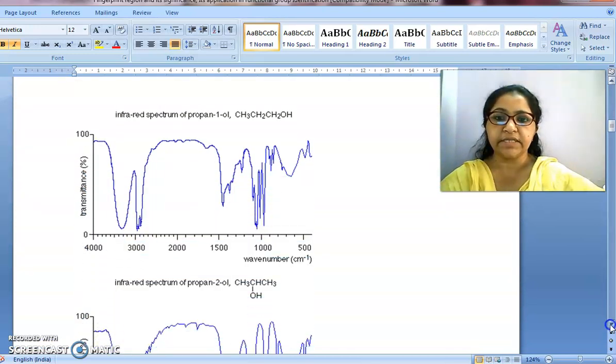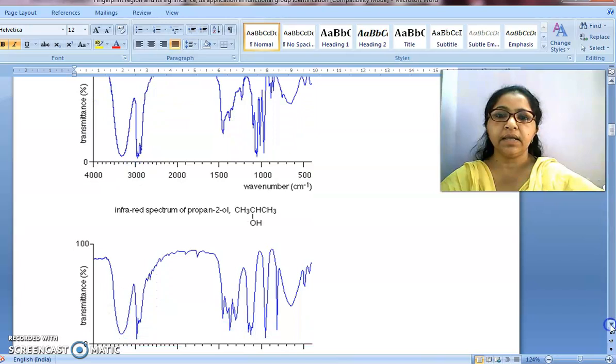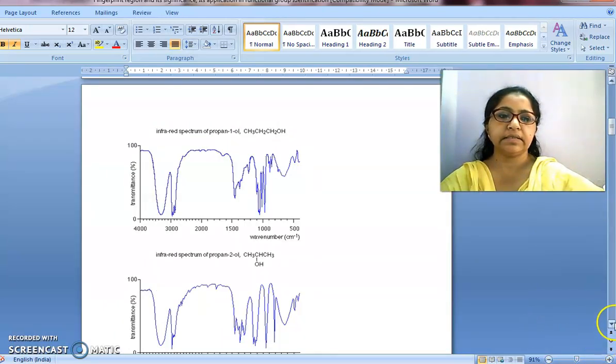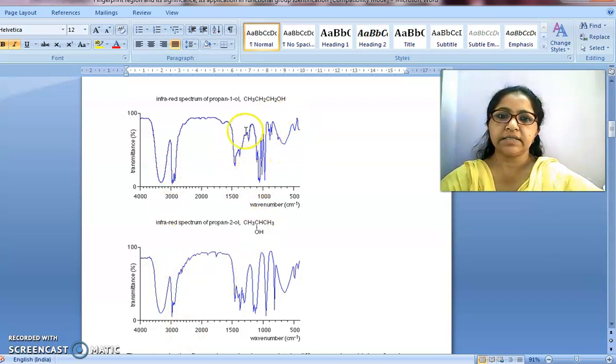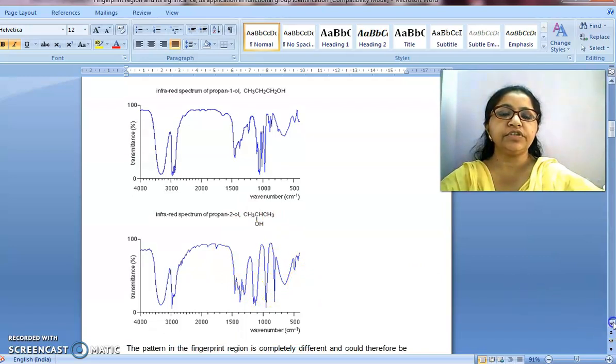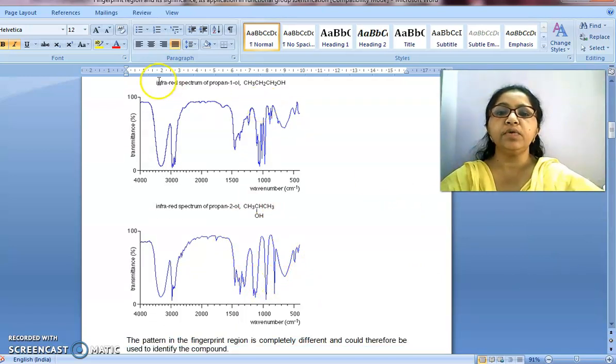See the spectrums here together. You can see these parts are very similar, but this part is completely different. So this fingerprint region tells us that even though the functional group is the same, the compound is quite different.